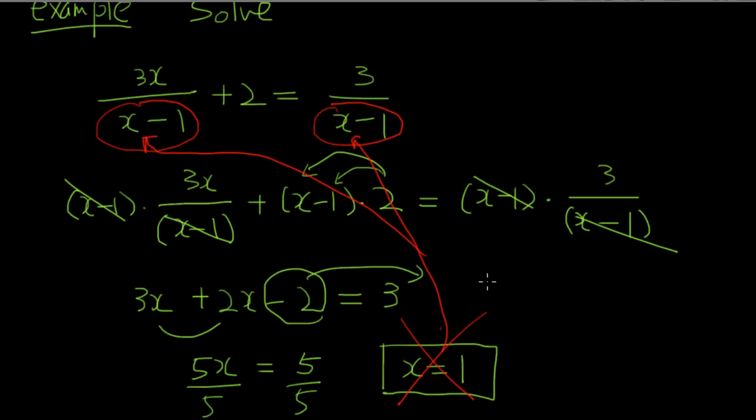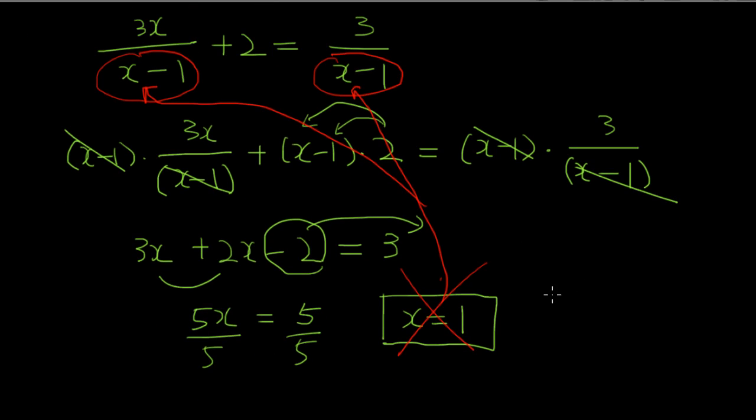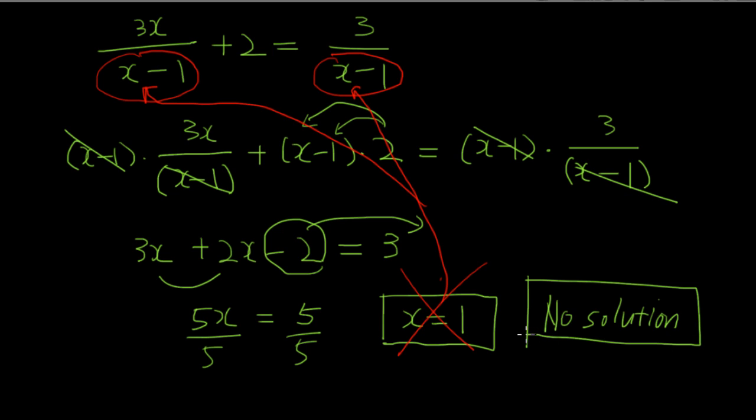So our actual solution would be no solution. Because the x equal 1 that we have is not going to work. So what do we do? Well, no solution. Okay.